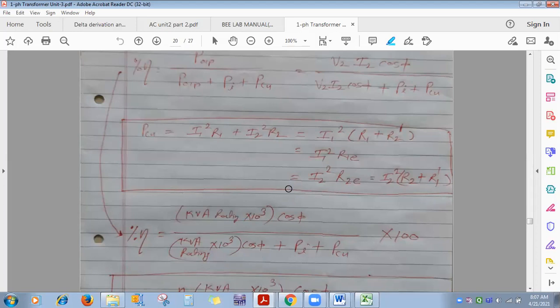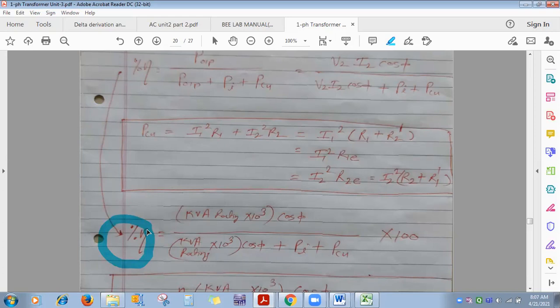If you are asked to calculate the efficiency at half load, then half of the full load kVA rating is the kVA rating at half load. Means if full load kVA rating is 100 kVA, then half load kVA rating is 50 kVA.